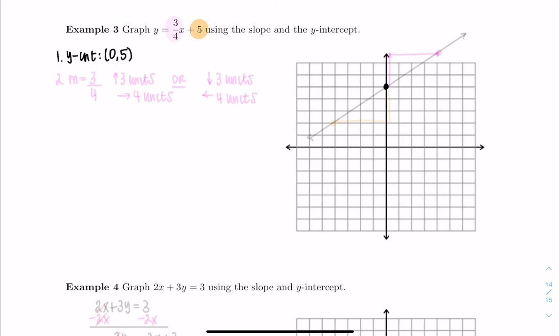And then our slope is what is attached to the x. So in this case, it's the 3/4. So this means we can go up 3 units and to the right 4 units, or we can go down 3 units and to the left 4 units.